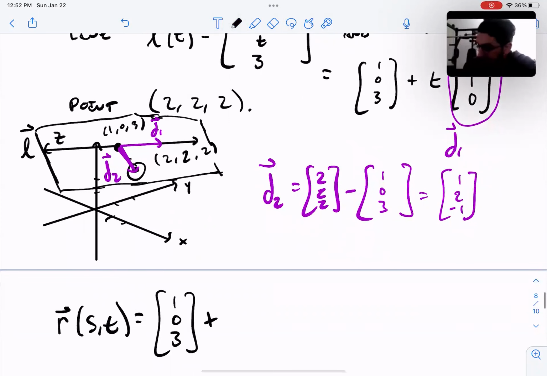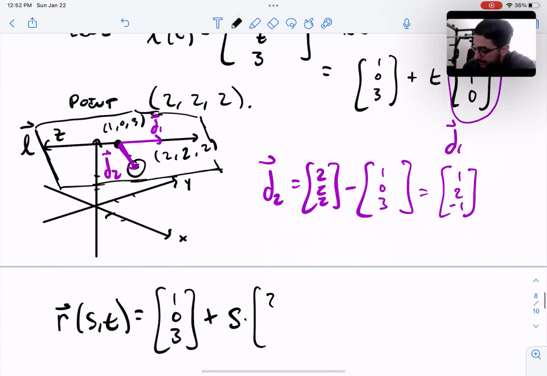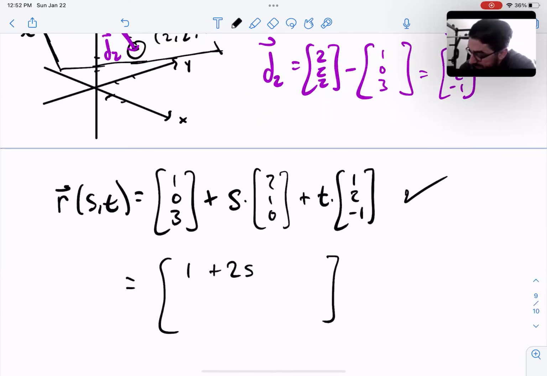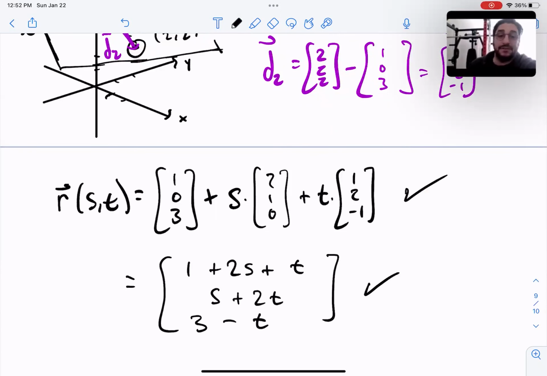And then I can take as many steps as I want in the direction of D1, or as many steps as I want in the direction of D2, right? You could leave it like this, and that's a perfectly good parameterization of that plane. Or you could combine it into a single parameterization, and that's also a perfectly good parameterization of the plane.